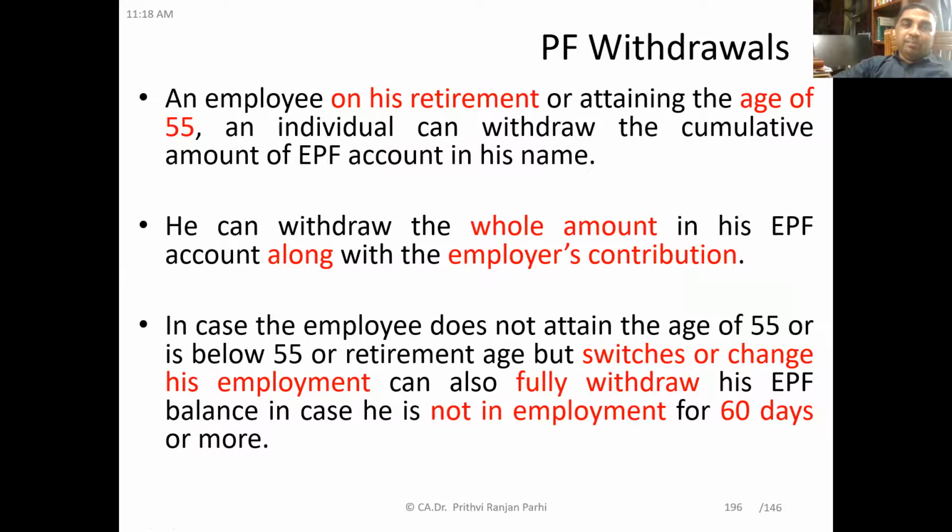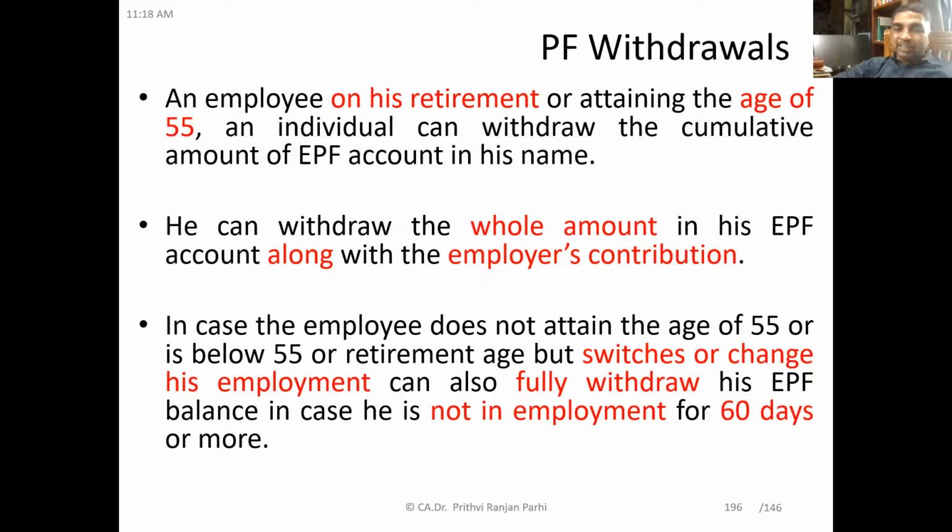An employee can withdraw the PF amount on retirement at the age of 55. The employee can withdraw the cumulative amount of EPF in his name, the whole amount of the EPF account along with the employer's contribution.